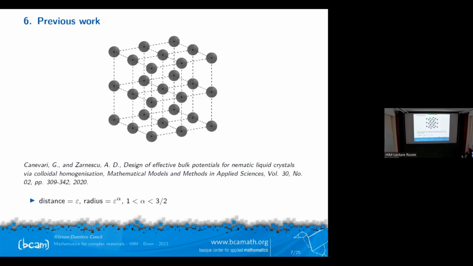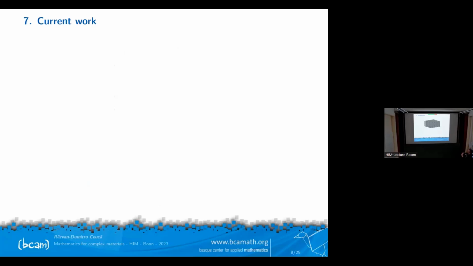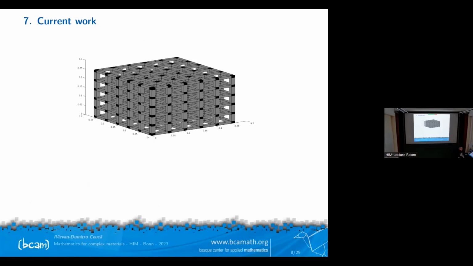I think I'm going a little bit too fast, but nevertheless, in my work, I have chosen a completely different configuration, which is called a cubic microlattice. And it's a little bit different in the following sense. In the article of Giacomo and Arghir, what they've done was to choose a union of disjoint particles.